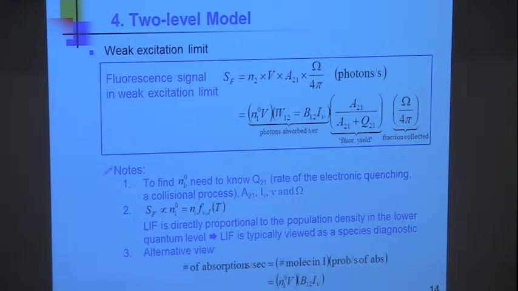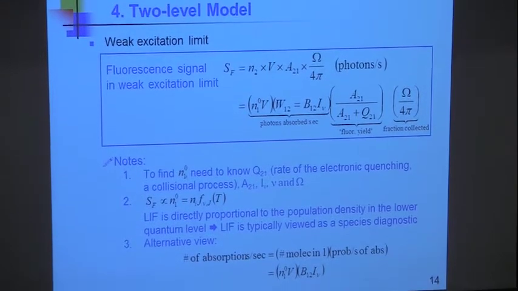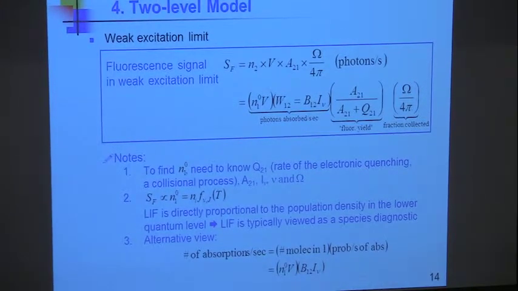So the way I like to think about this, photons out is photons in, fraction absorbed, fraction of those which are re-emitted, and the fraction you collect. If you want to get more light, those are the three possibilities. Collect a bigger fraction, improve the fluorescence yield, get greater absorption.